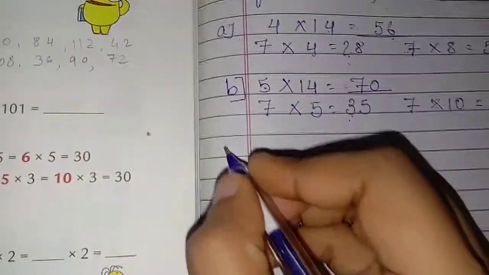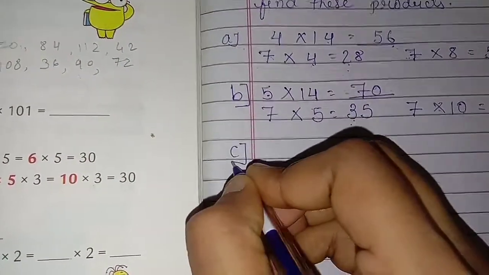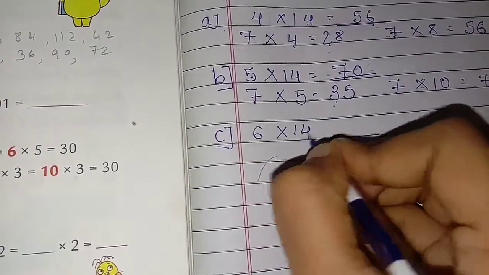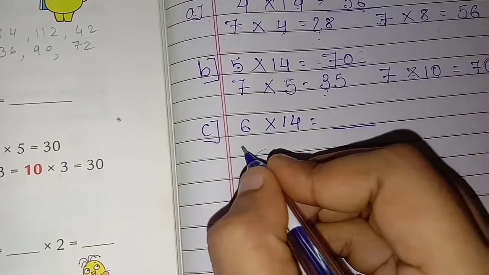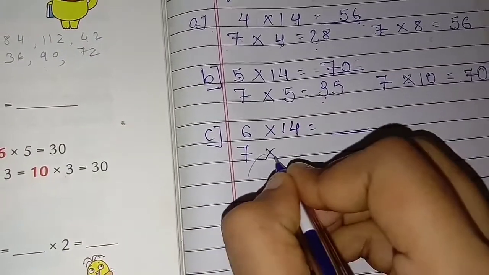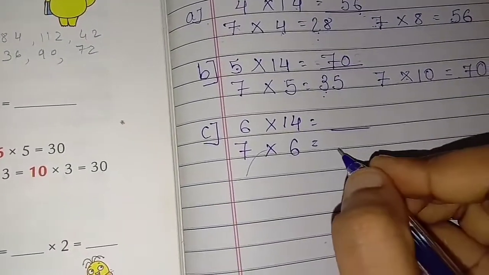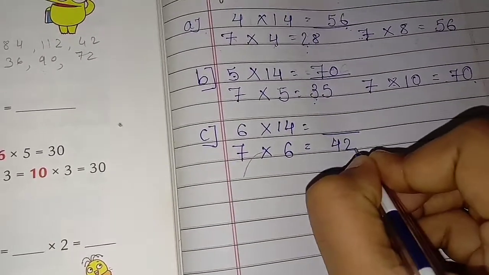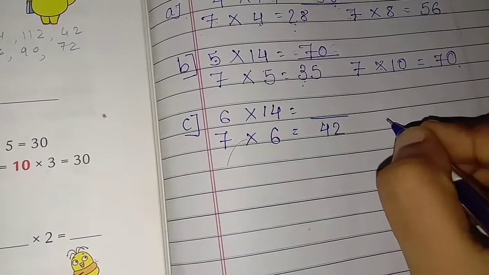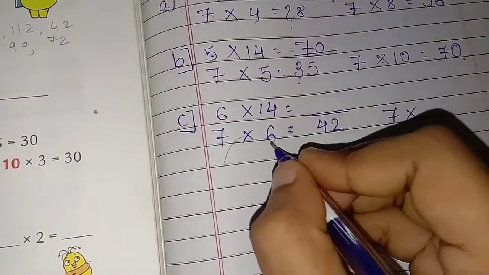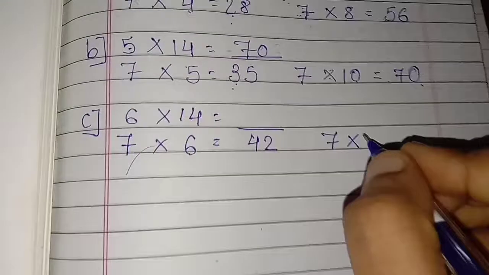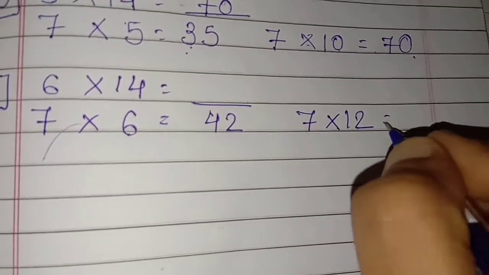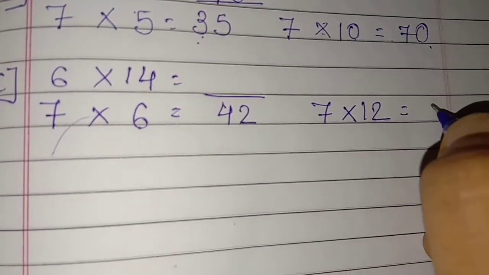Now the third one is also the same as this: 6 into 14. Again we will take 7 multiplied by 6. 7 6s are 42. Now 7 as it is, multiplied by the double of 6, which is 12. 12 7s are 84.